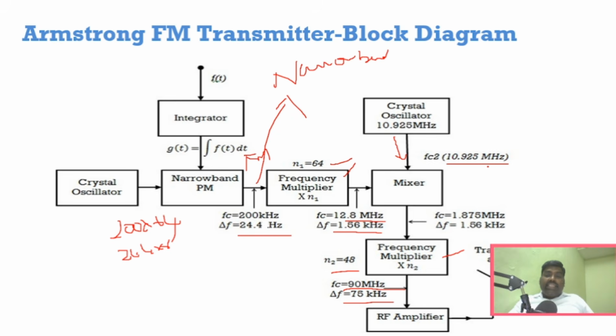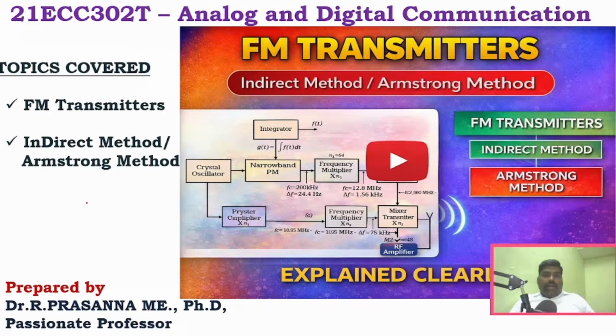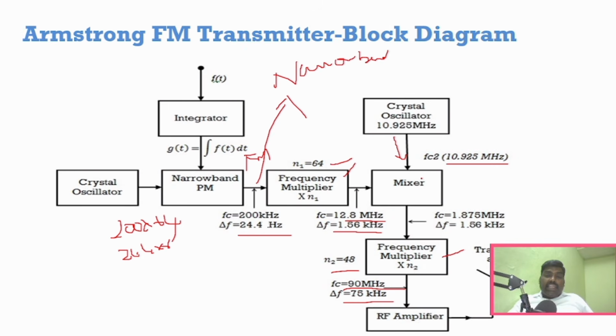This 10.925 megahertz is mixed with the 12.8 megahertz, and the carrier frequency is down converted to 1.875 megahertz, which means 12.8 megahertz subtracted by 10.925 gives 1.875 megahertz. And the frequency deviation is the same.